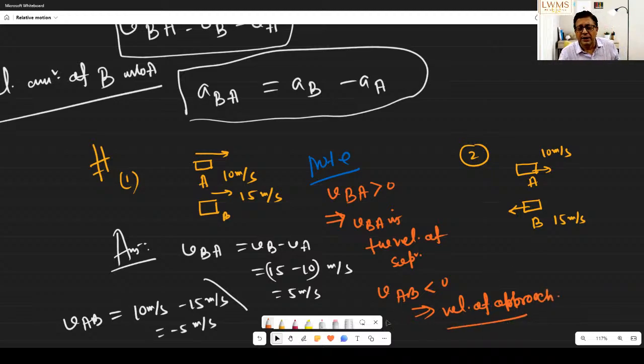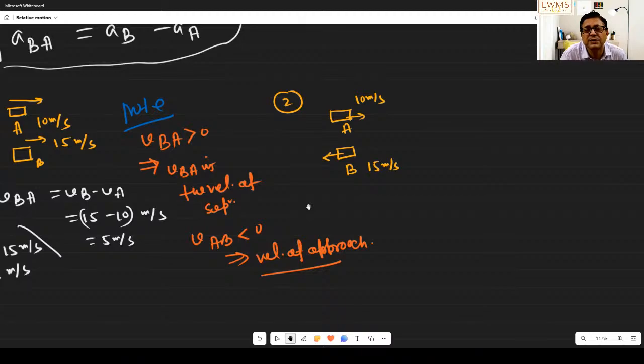Okay, let us find velocity of separation or velocity of approach in this case. See here they are moving in opposite directions. If we want to write VAB, this will be VA minus VB.